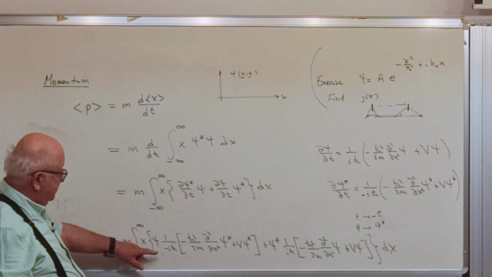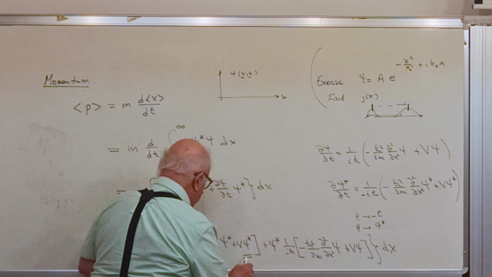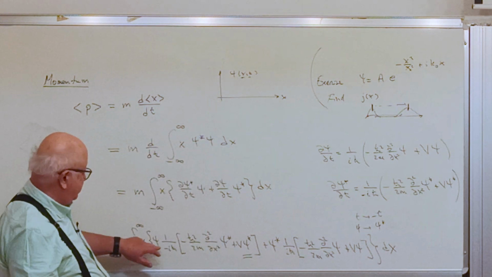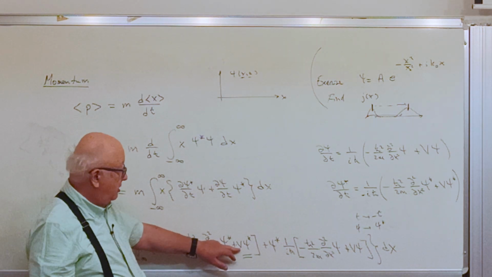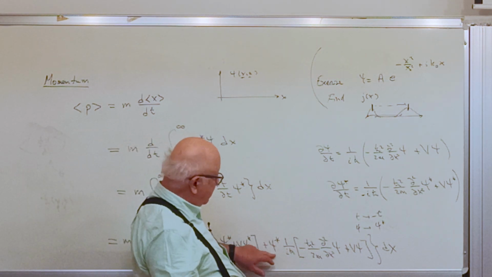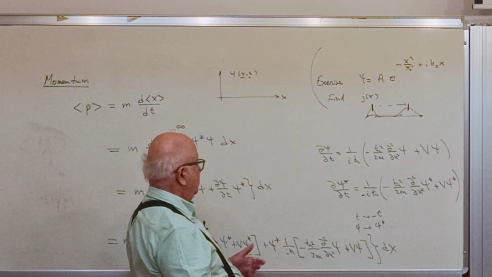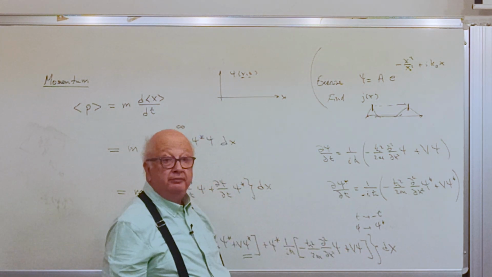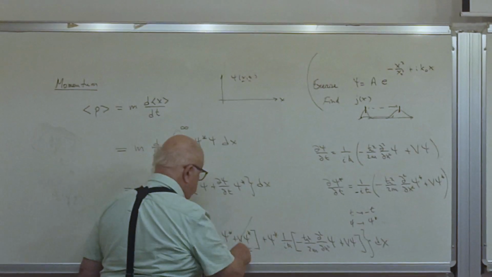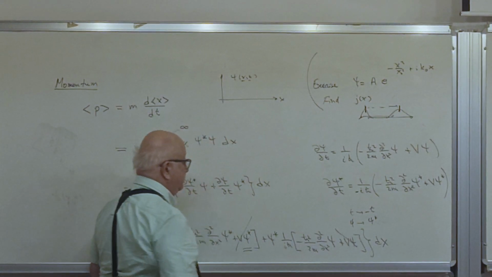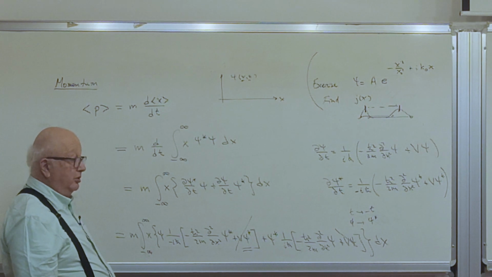Again, you see there's this term here, which is x times psi star times V. Same term here, psi star times x V psi. So they are the same terms. One of them comes with a factor minus 1 over i h bar, the other one comes in plus 1 over i h bar. So they cancel. So at least those terms are not there.